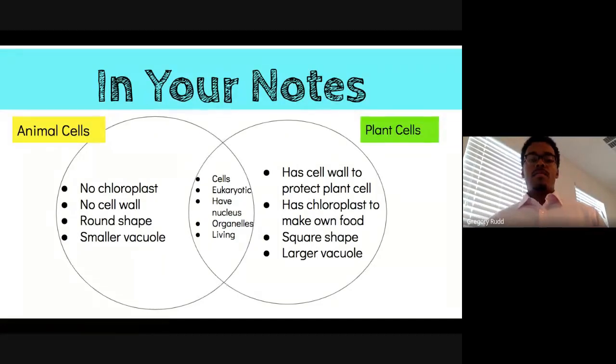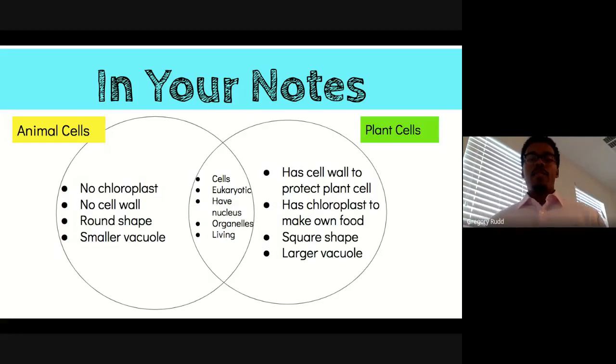Animal cells don't have chloroplasts because chloroplasts are required for photosynthesis. So animals do not need to undergo photosynthesis because we can eat food. We don't need to create our own food. Animal cells do not have a cell wall. The reason for that is that we don't need structure provided by water pressure.